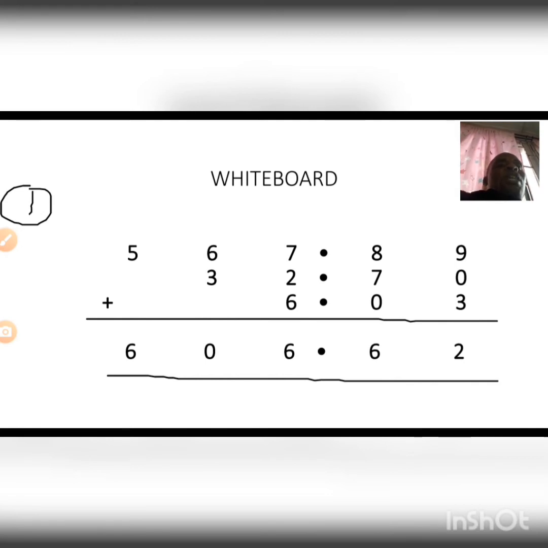Now, this is the arrangement we have. We were given 567.89, which is written first, then 32.7. You can see the 32.7 is now 32.70. So that space that is left is now filled with a 0.